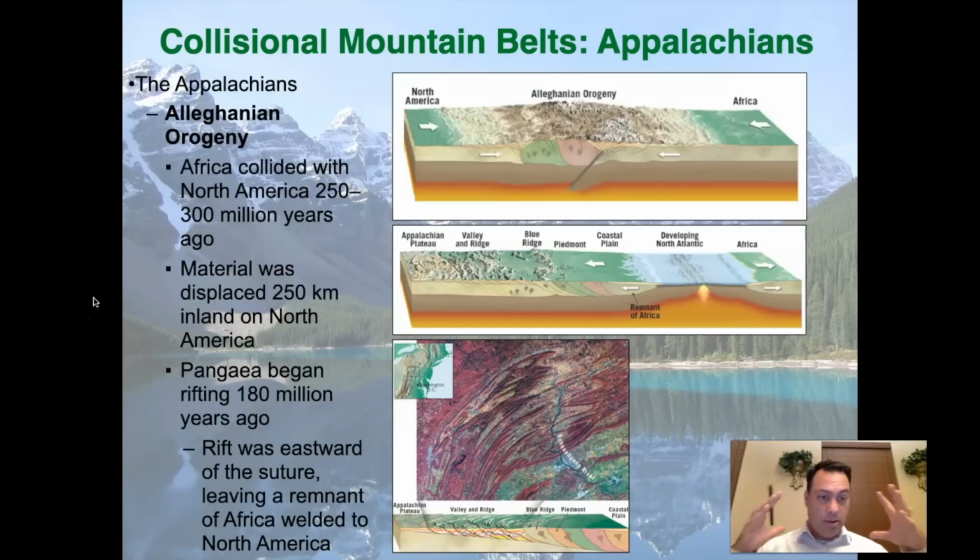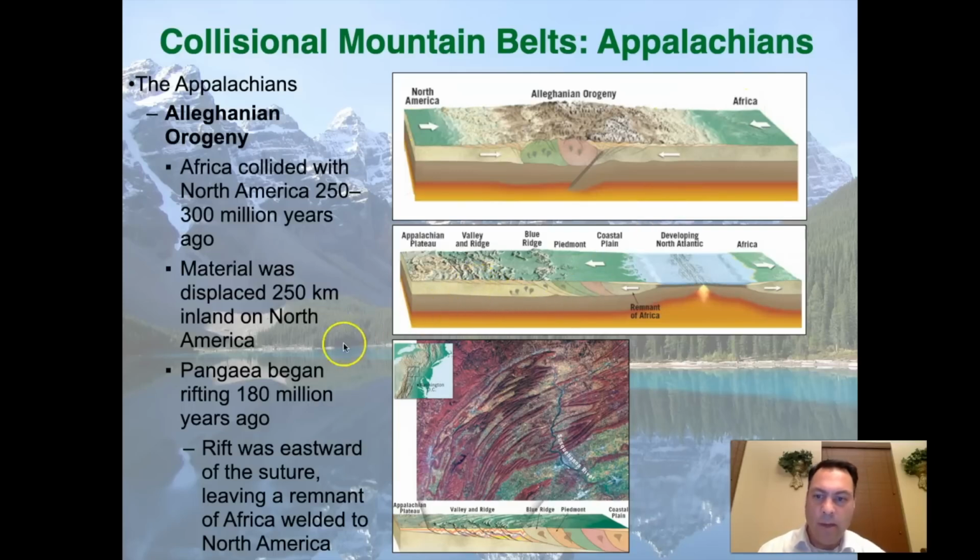So African geology has been transferred along structures all the way into North America, 250 kilometers. That's a long way. And so we can imagine here we see the Taconic, the Acadian, and then here we see the Alleghenian orogeny, these two large masses, this giant mountain range that would have been uplifted. Here's North America, here's Africa.